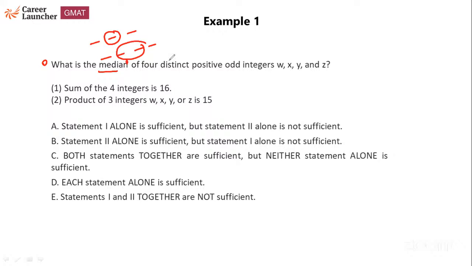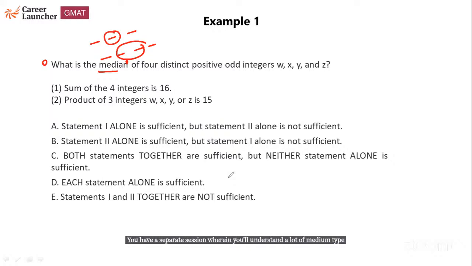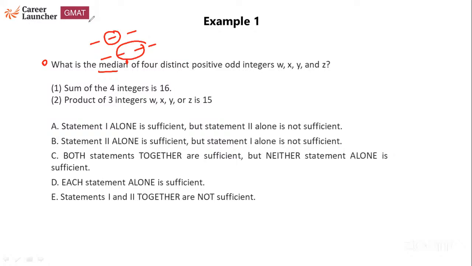So median is the middle value when readings are arranged in order. You have a separate session wherein you'll understand a lot of median types. For this session, just understand that it's the middle value.